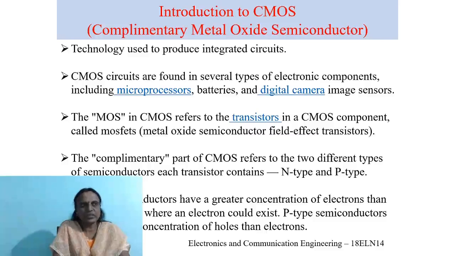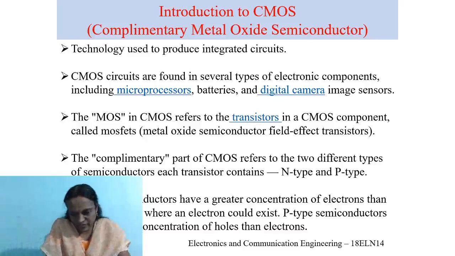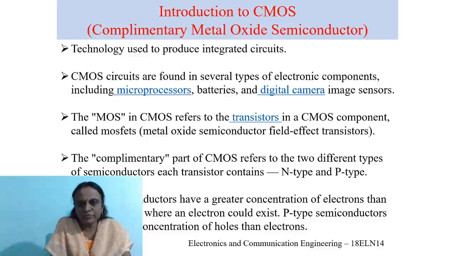These two semiconductors work together and may form logic gates based on how the circuit is designed. Logic gates in the sense of the basic and universal gates which we refer to in our digital circuits.